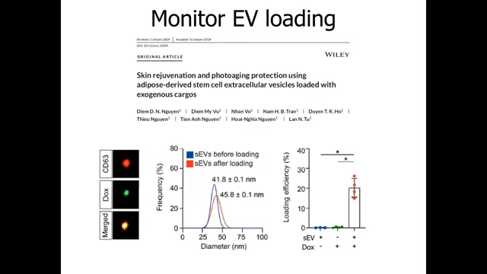By overlaying the fluorescent channels, CD63 EVs which are loaded with dox can be identified as they appear yellow. Size analysis of the EVs showed that doxorubicin loading created EVs that were 10% larger than the empty particles, and loading efficiency was measured at around 20%.